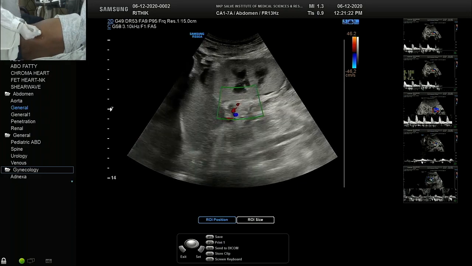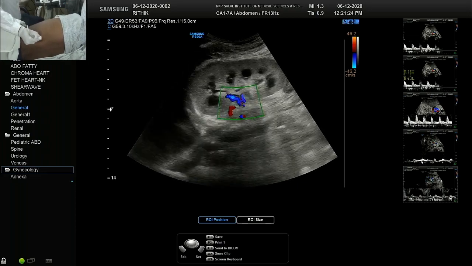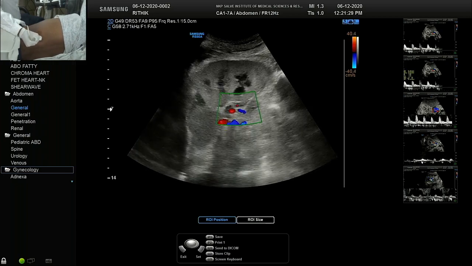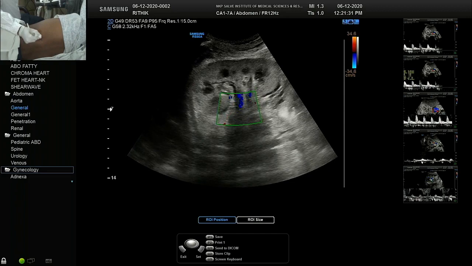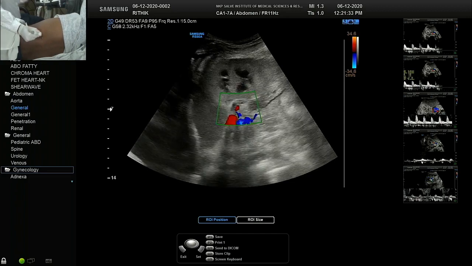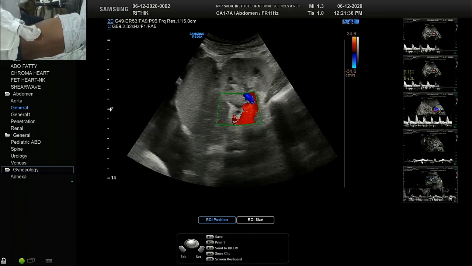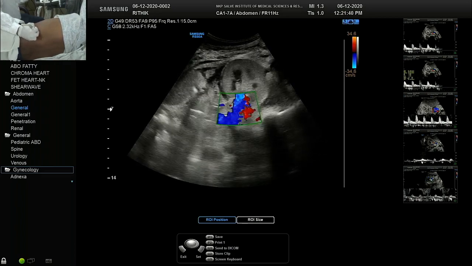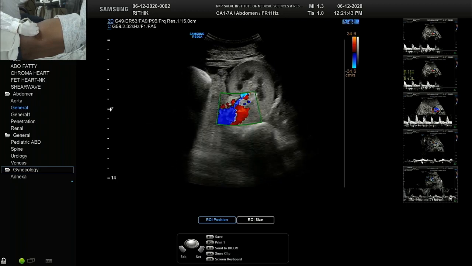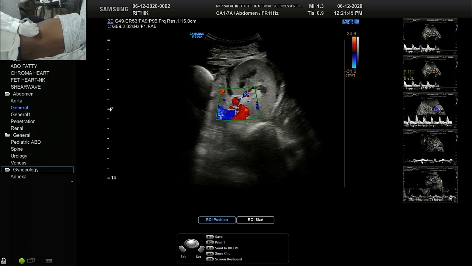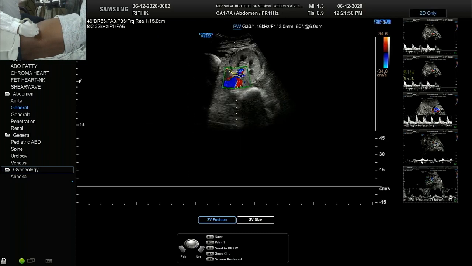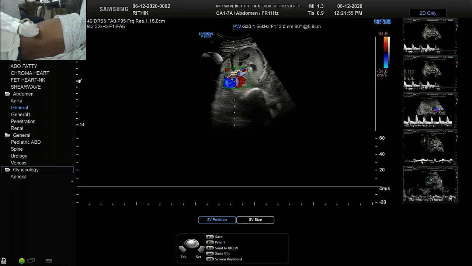It is quite tortuous here. So you can take a transverse or axial view to see the artery and then sample it just beside the vein, make an angle, that is okay.